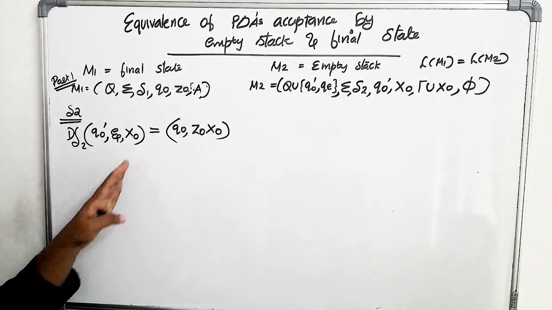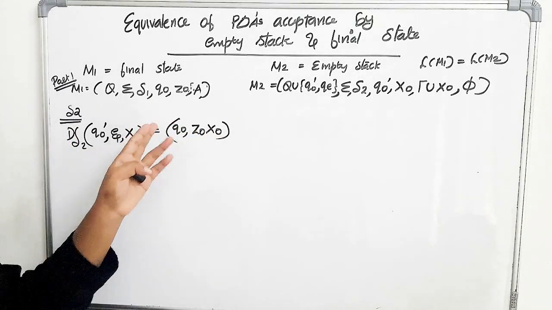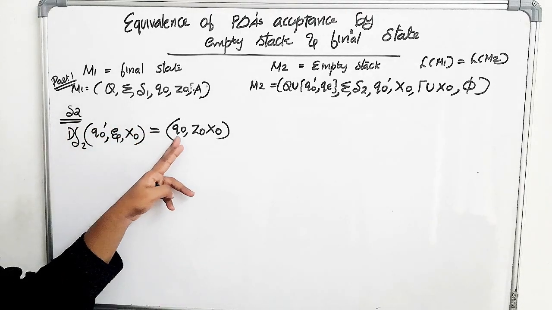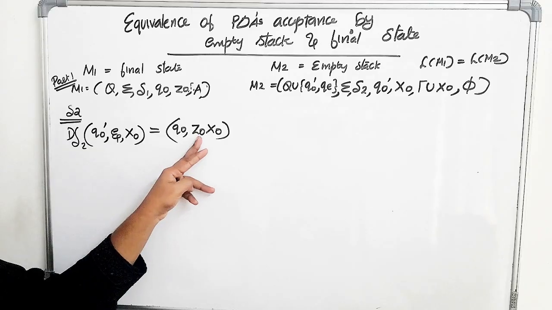So this is how we reach this configuration. See, for PDA M1 initially, the initial state will be Q0 and the stack top will be Z0.